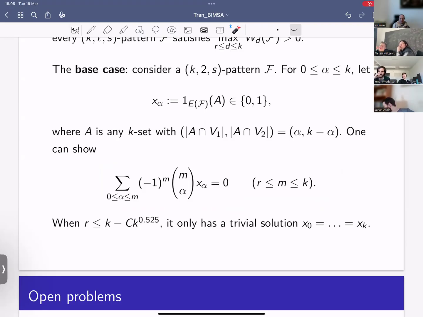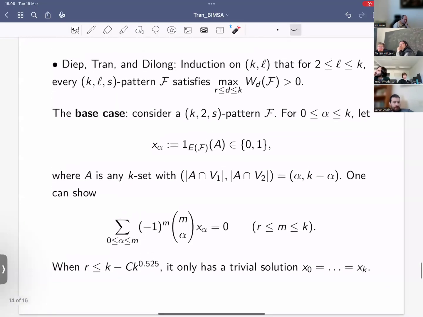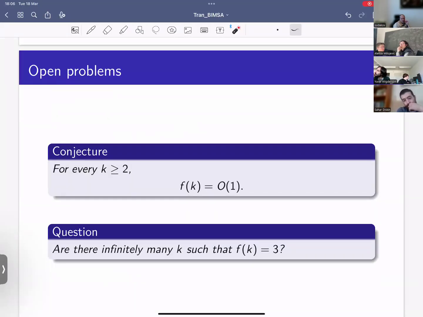So the lower bound is 3, and probably the upper bound should be 4 from our method. I see. But to prove that f of k is 3 for every k, we need a new idea, because our proof only gives an upper bound of 4.